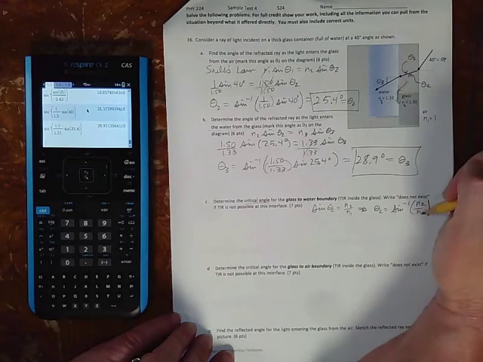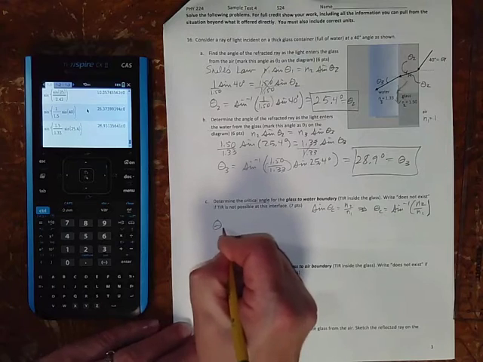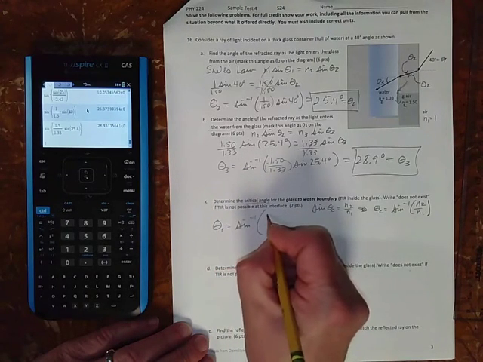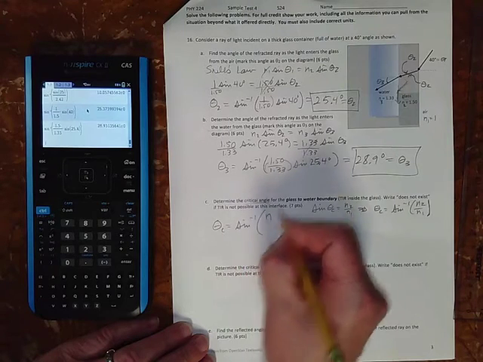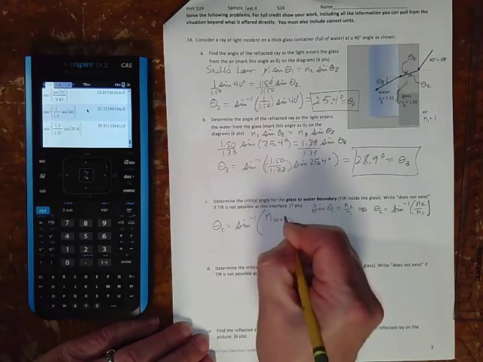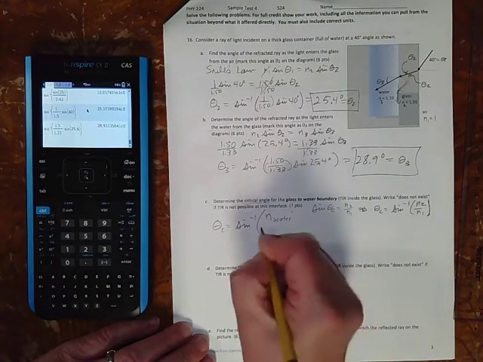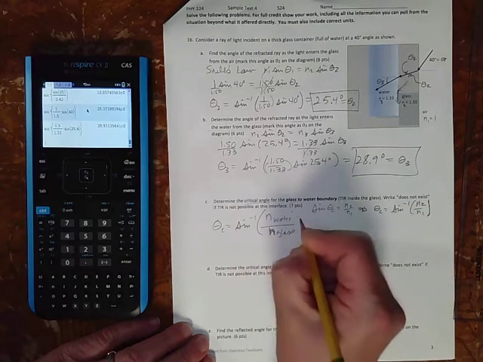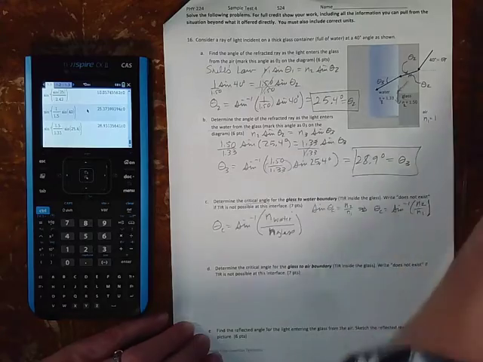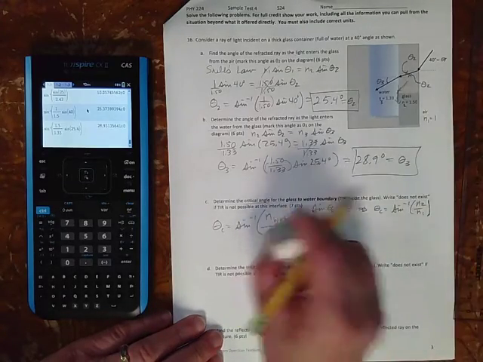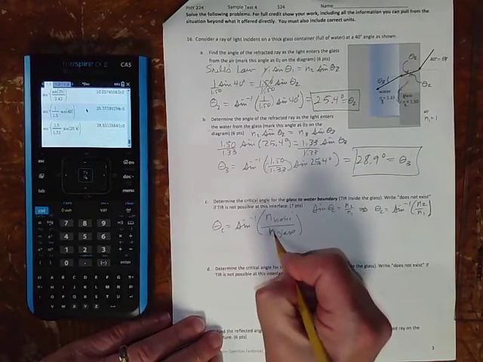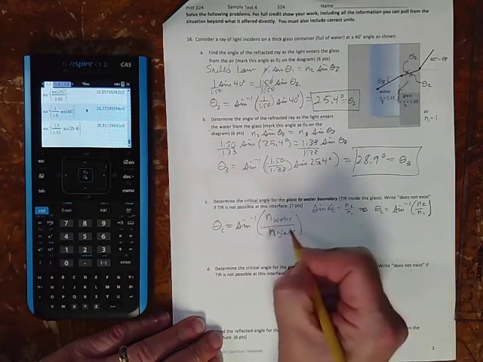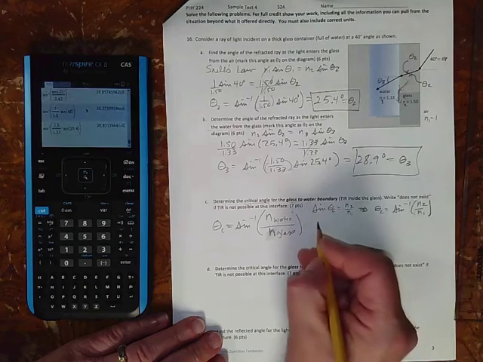So N1 is N glass. So theta critical is inverse sine of, and it's going to the water, we said, so N water over N glass. All right, so total internal reflection is not possible if, when we put these N values in, we are trying to take inverse sine of something bigger than 1, and we know sine can never be bigger than 1.